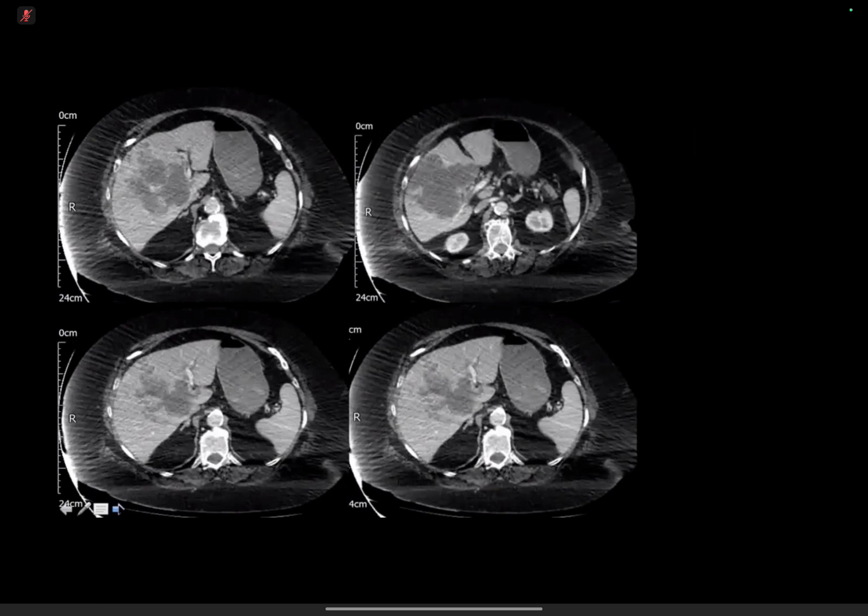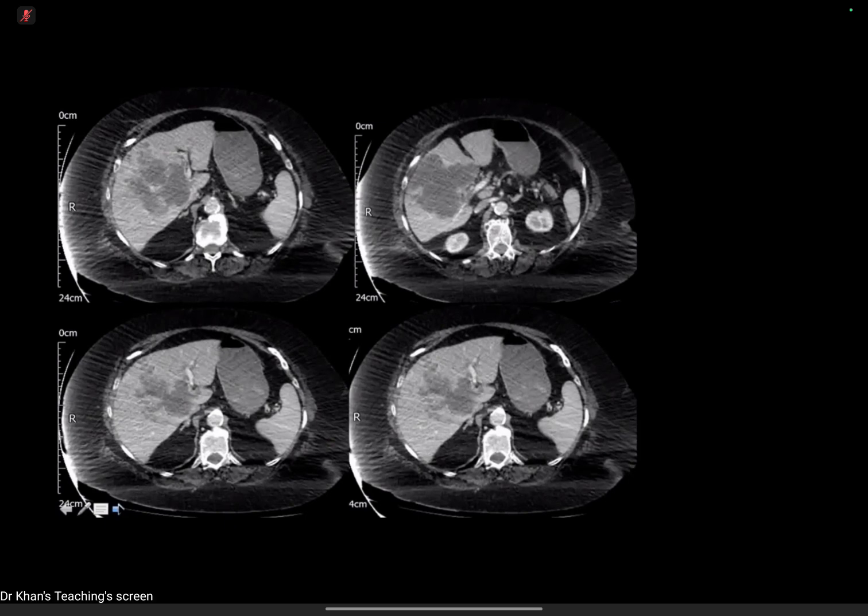These are selective axial CT slices through the liver and upper abdomen, especially through the liver, which is demonstrating a few geographical irregular shaped hypoenhancing lesions within the liver, predominantly in the right lobe.